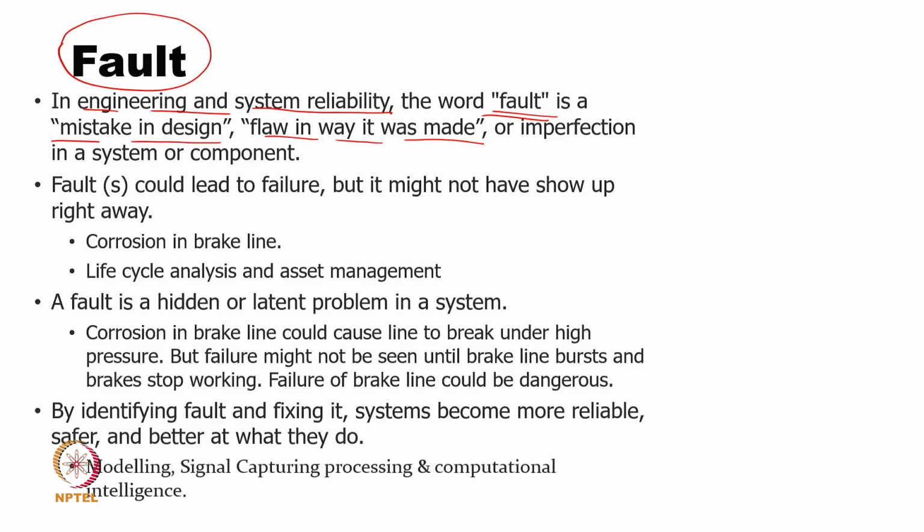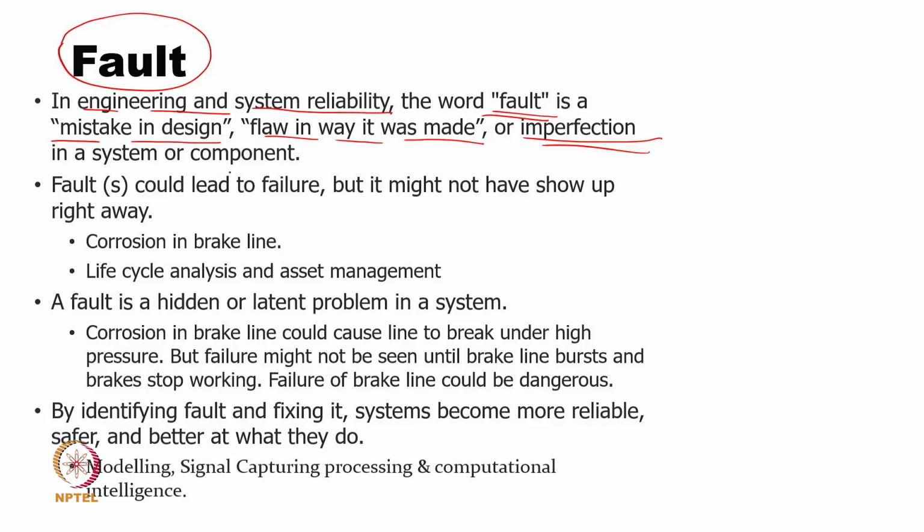That is why even 5% failures may be happening because of hidden faults. If you analyze it and find 95% of systems are successful and only 5% fail, it is quite possible there is some flaw in the design, manufacturing, assembly, operation, or some human factors. Those things are related to fault, not immediately to failure.